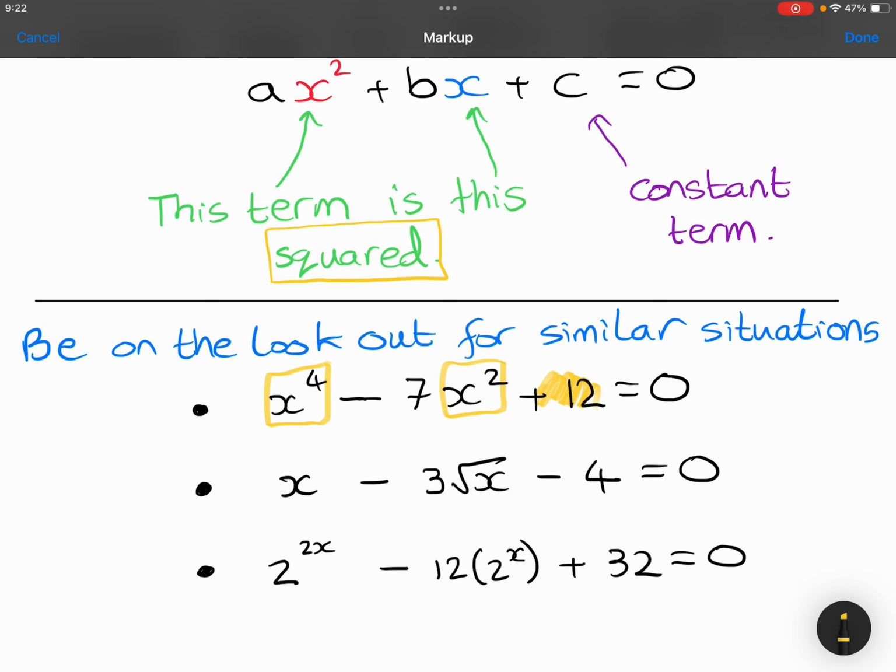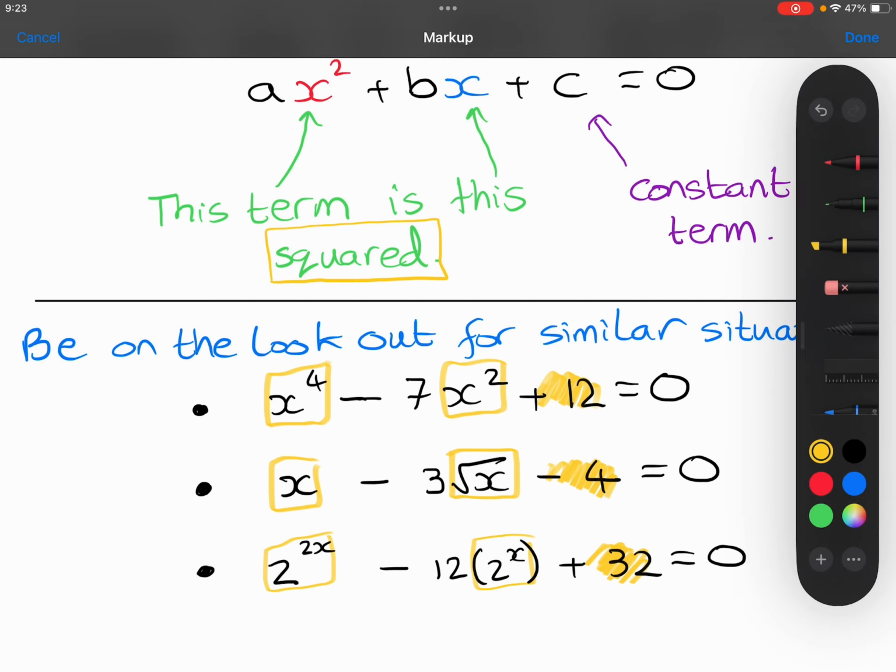In the second example, again we've got a constant term on the end, and notice that this term is this term squared. And then in the third example there, we've got a constant term on the end, and again notice that this term is this term squared.